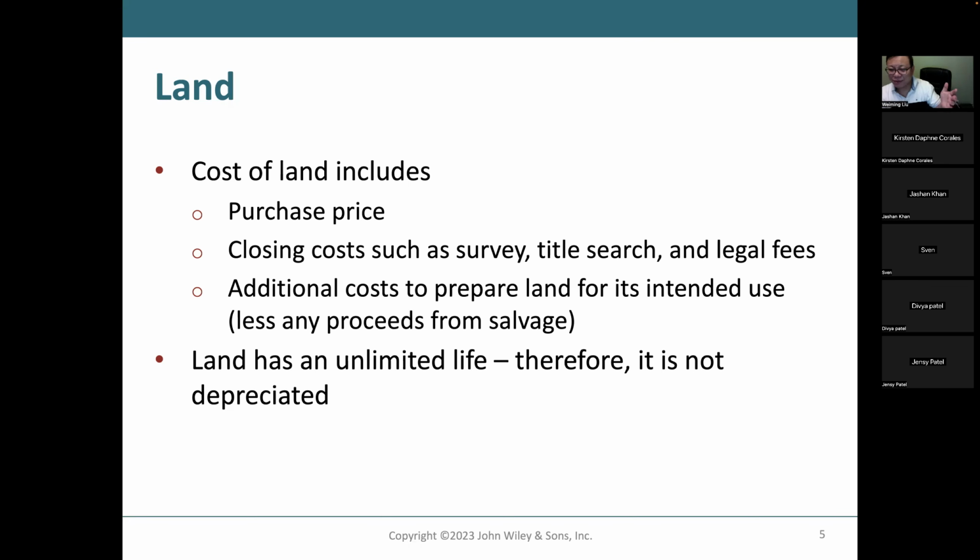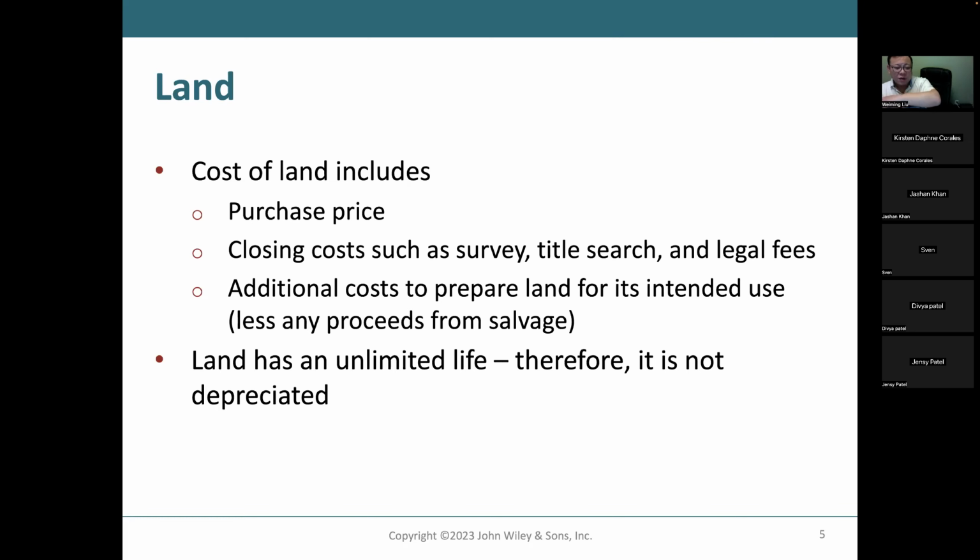So then what are you going to do? So you want to do a good title search, so the only person on the title is the seller. When you purchase the land, the title will be transferred from the seller to you. So no other third parties, right?